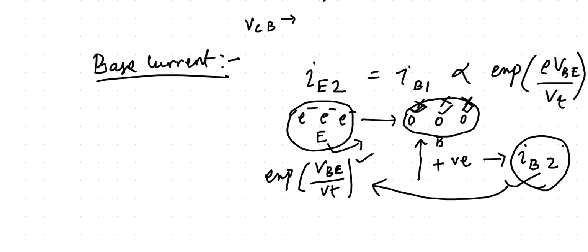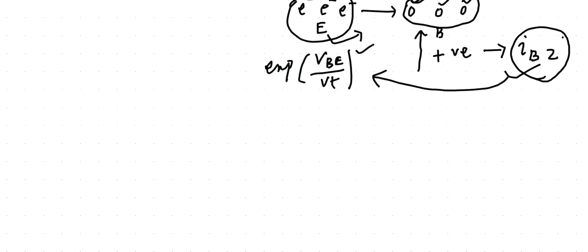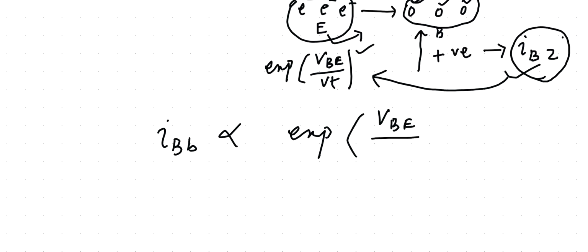Using this logical approach, we can write that the base current is directly proportional to e to the power VBE by VT. One component of the base current was exactly the same as one component of emitter current, which was proportional to exponential of VBE by VT.